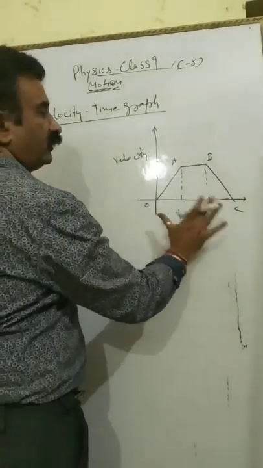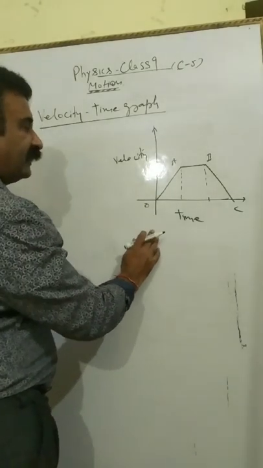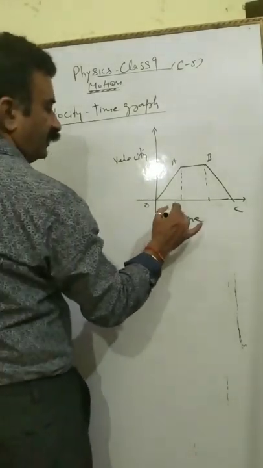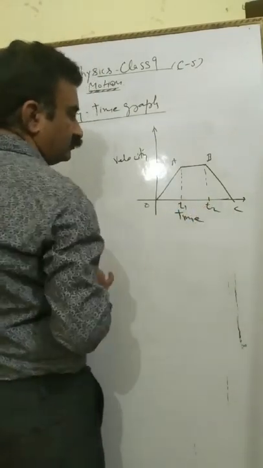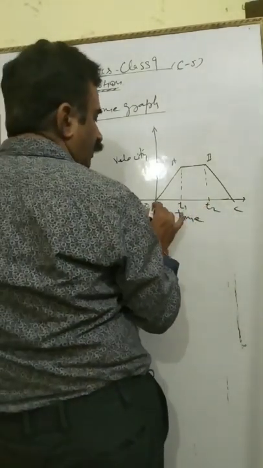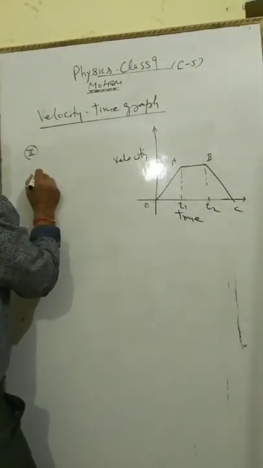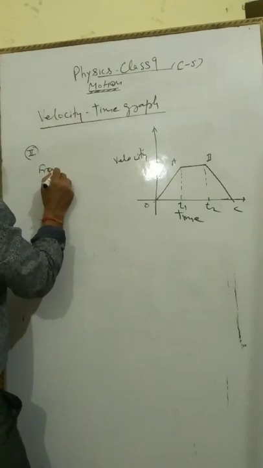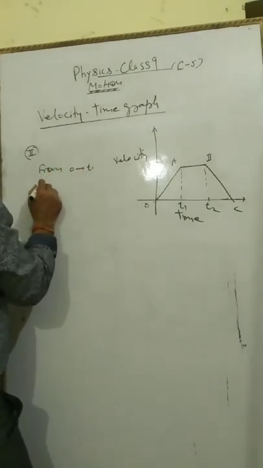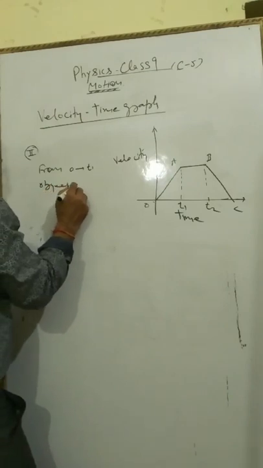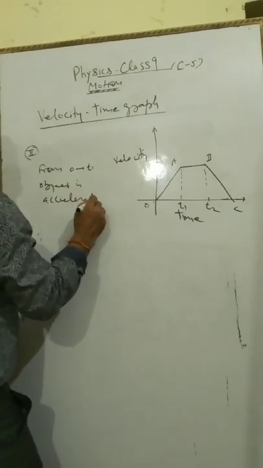What inference can you draw from this graph? If this is the time t1 and this is the time t2, from time 0 to t1, the object is accelerating.